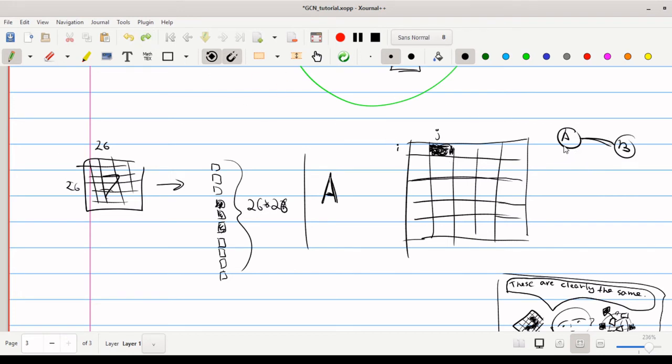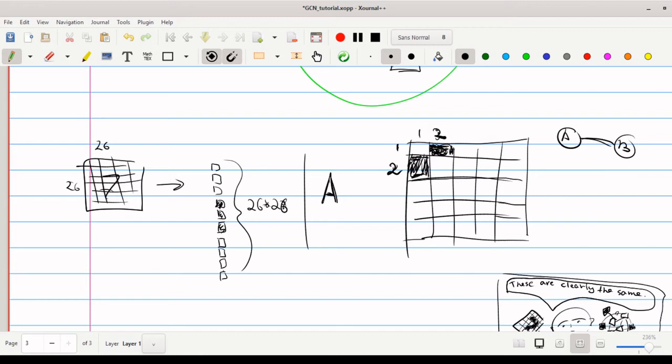So what it tells us about the adjacency matrix for undirected graphs is simply that it is symmetric. So if node 1 is connected to node 2, it means that node 2 is connected to node 1.